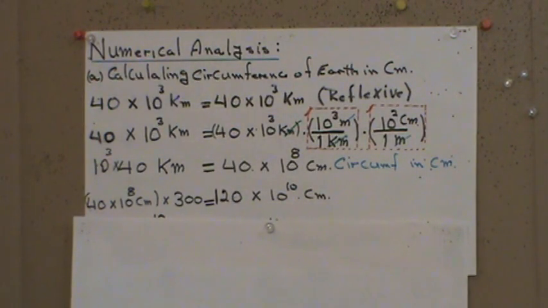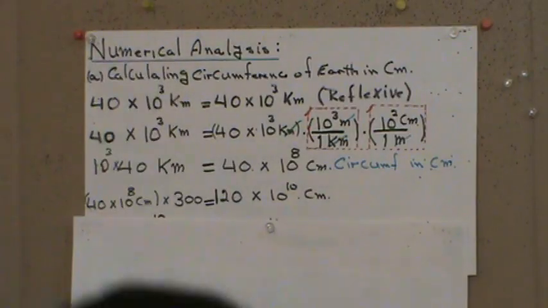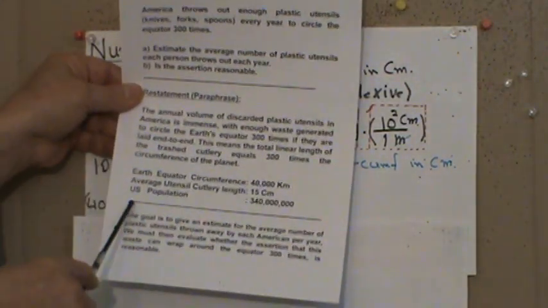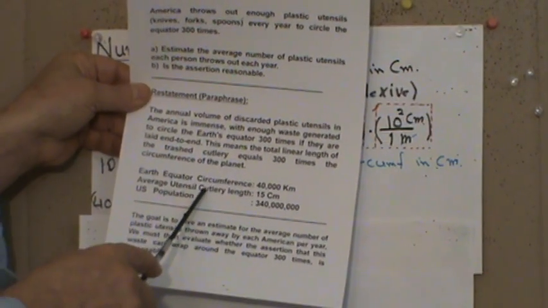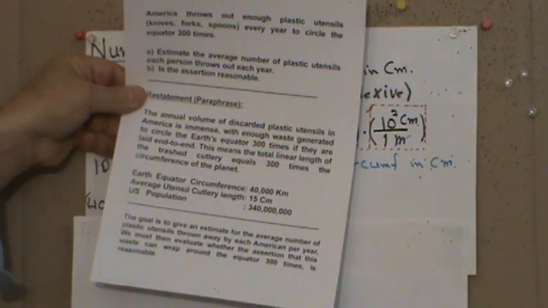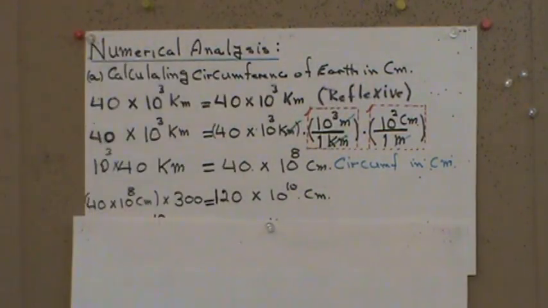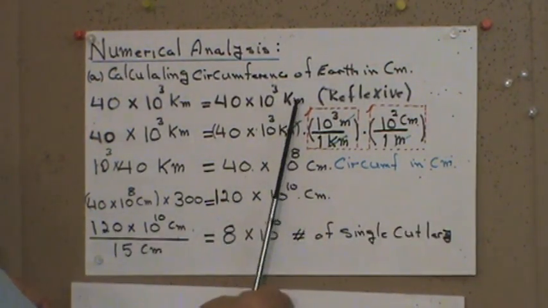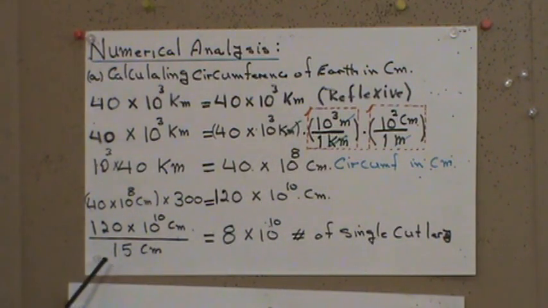As I mentioned here, the average utensil, cutlery, was 15 centimeter. And as a matter of fact, I measured that one before I wrote it. Now I divide this number by 15 to see how many single cutlery I will have.